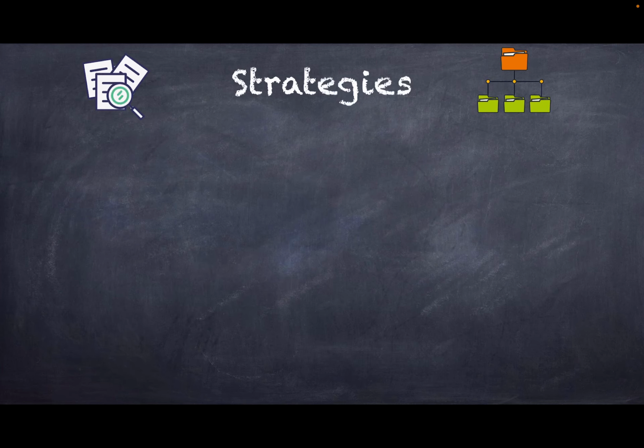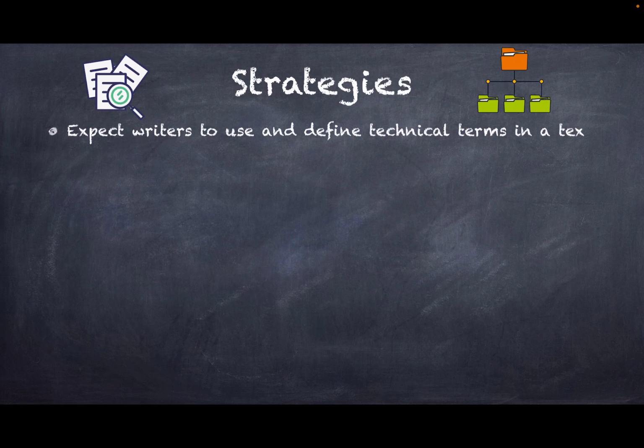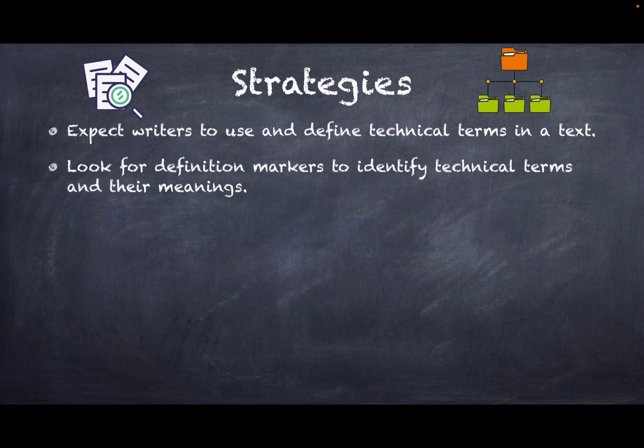All right, so to sum up, here are some of the strategies that you can use to help you understand technical terms, definitions, and classification. Expect writers to use and define technical terms in a text, especially a textbook. Look for definition markers to identify technical terms and their meanings.